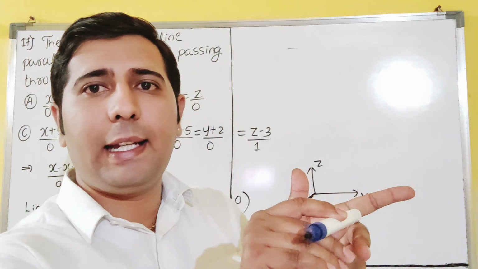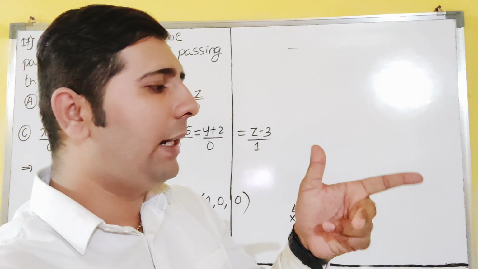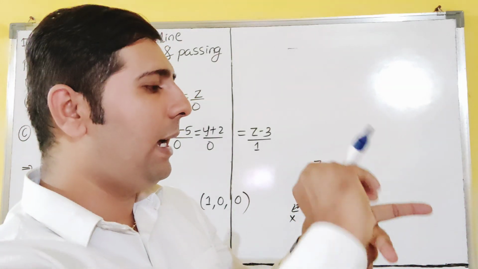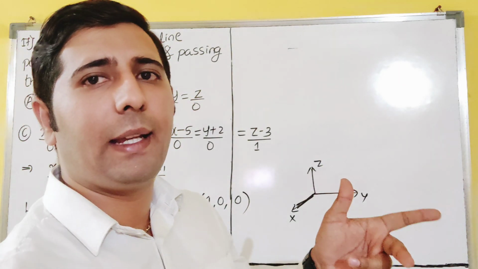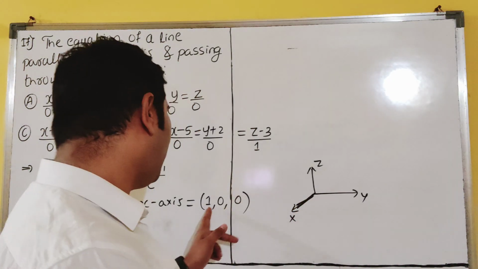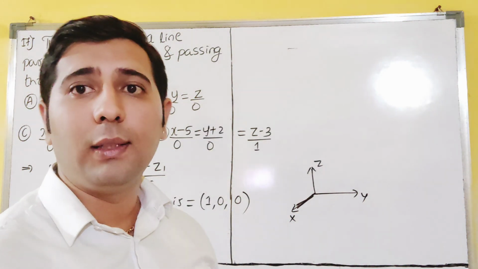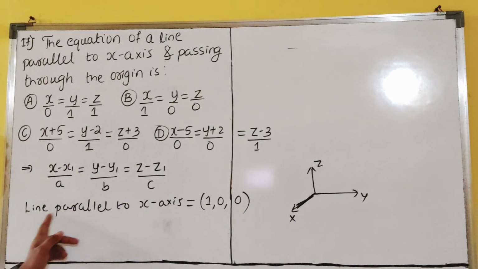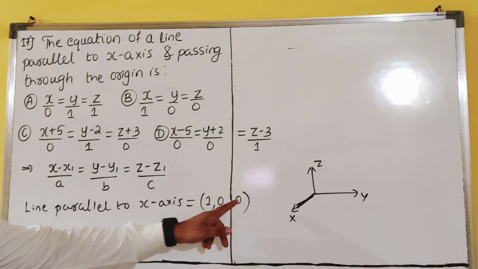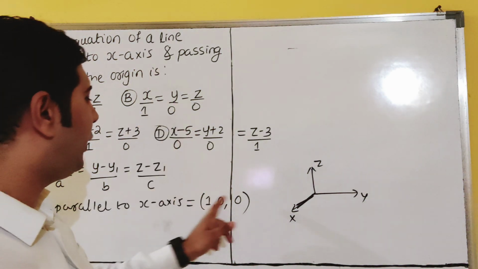It makes 90 degrees with the y-axis and with the z-axis as well. So that's why cos 0 is 1, cos 90 is 0, cos 90 is 0. That's why the direction cosines of a line parallel to the x-axis are 1, 0, 0. If it is the y-axis, 0, 1, 0; z-axis, 0, 0, 1.